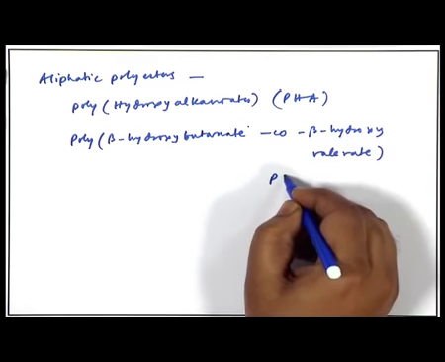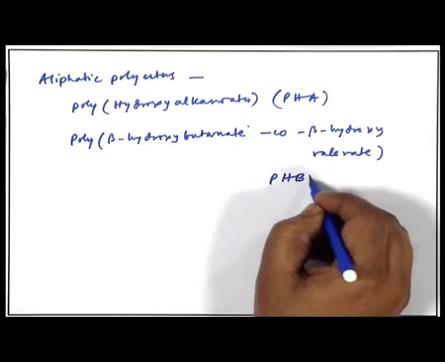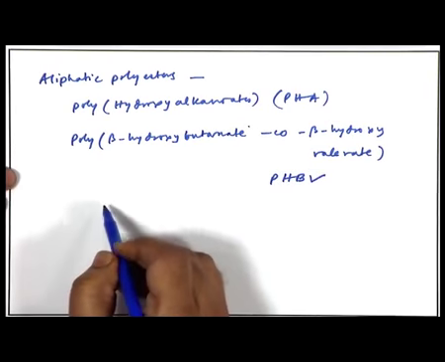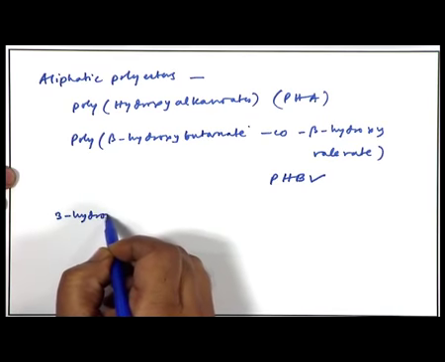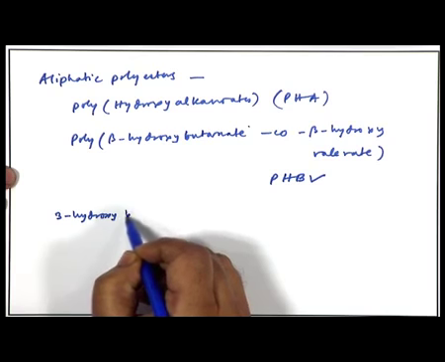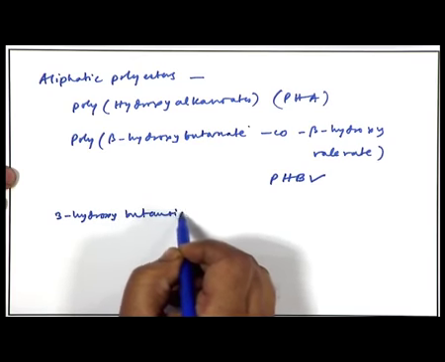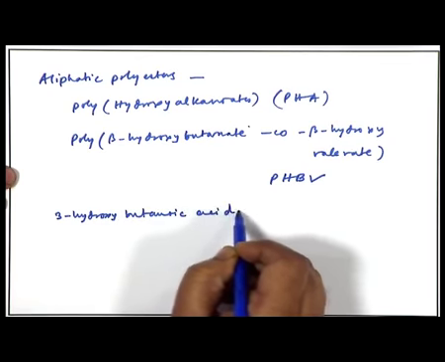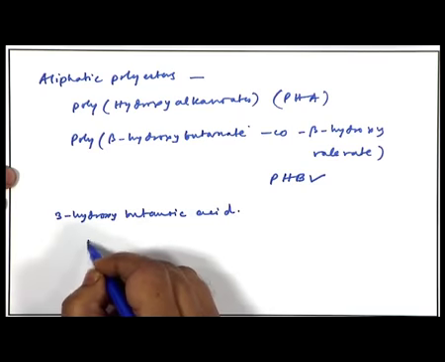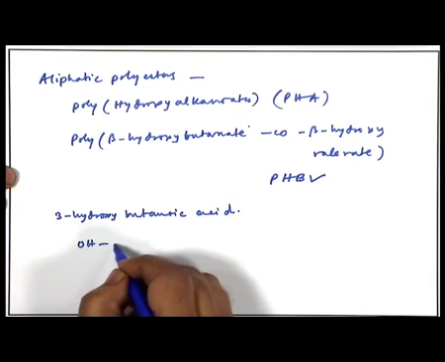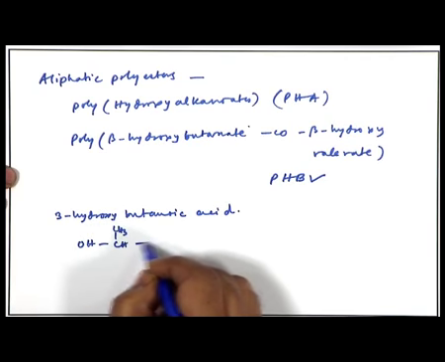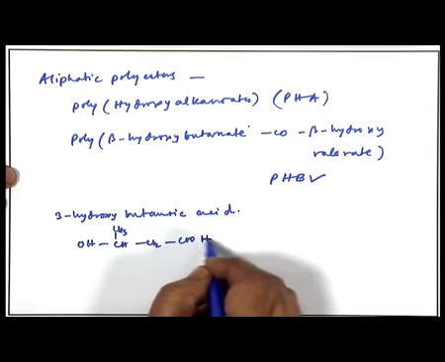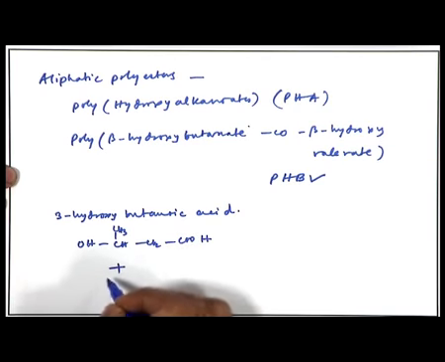In short, it is called PHBV. The structure is formed from 3 hydroxybutanoic acid plus 3 hydroxyvaleric acid.